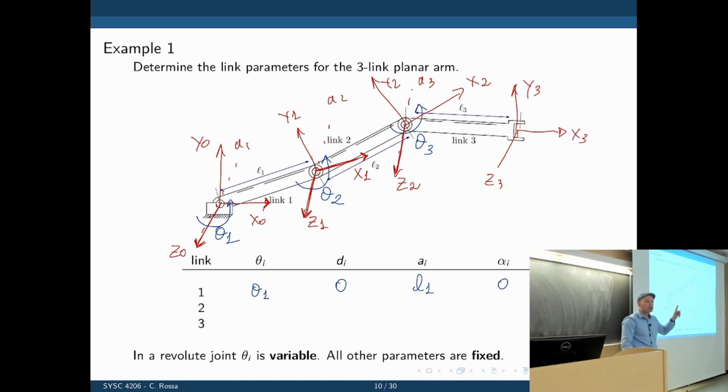Let's do link 2. Now that you did link 1, you know how to do link 2. Link 2 is just now the end of link 2 with respect to that. It's the same as before, because it is still on the same plane. The only thing that changes is the translation along x2 and the angle around z1. What's the angle now between x2 and x1 about z1? Theta 2.